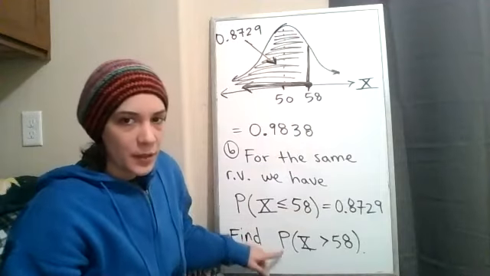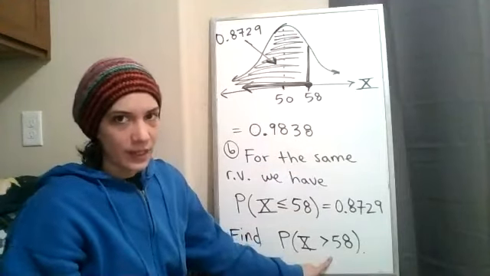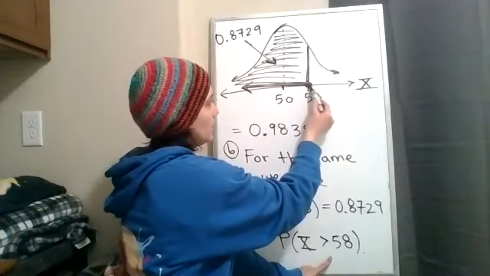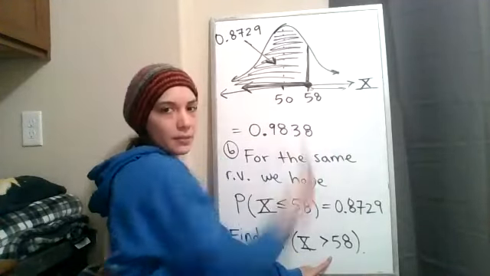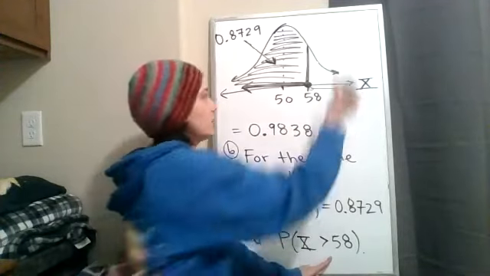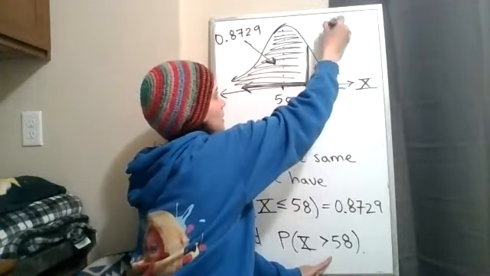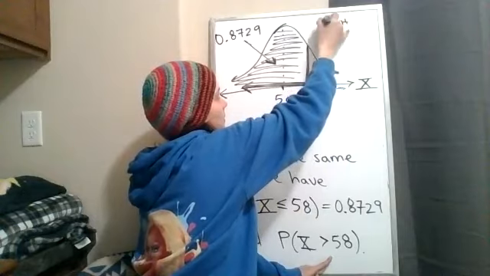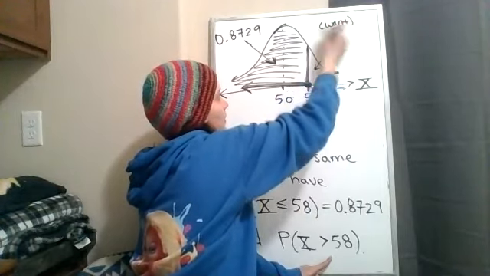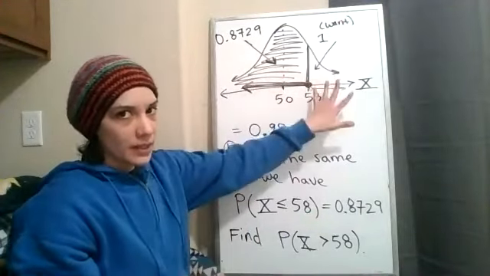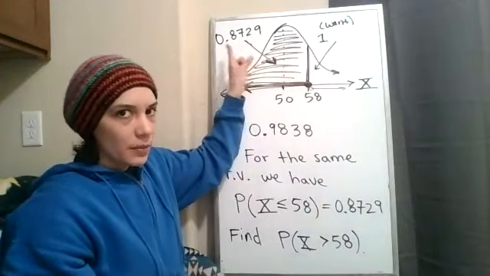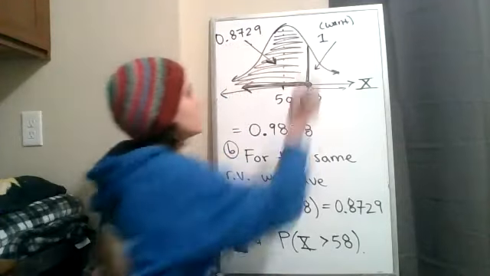And find the probability that x is greater than 58. So if you went over this way, you just need that area. This is what we want. It's equal to 100% minus this area, 0.8729.